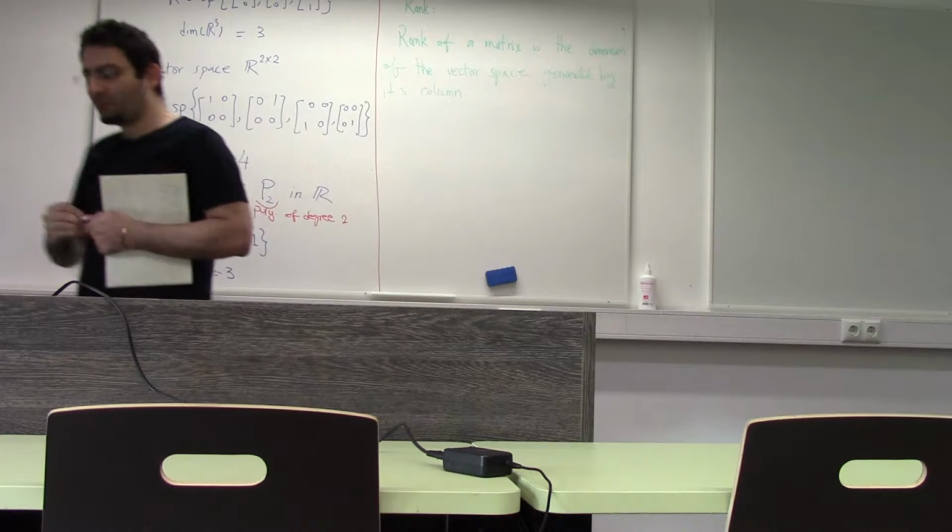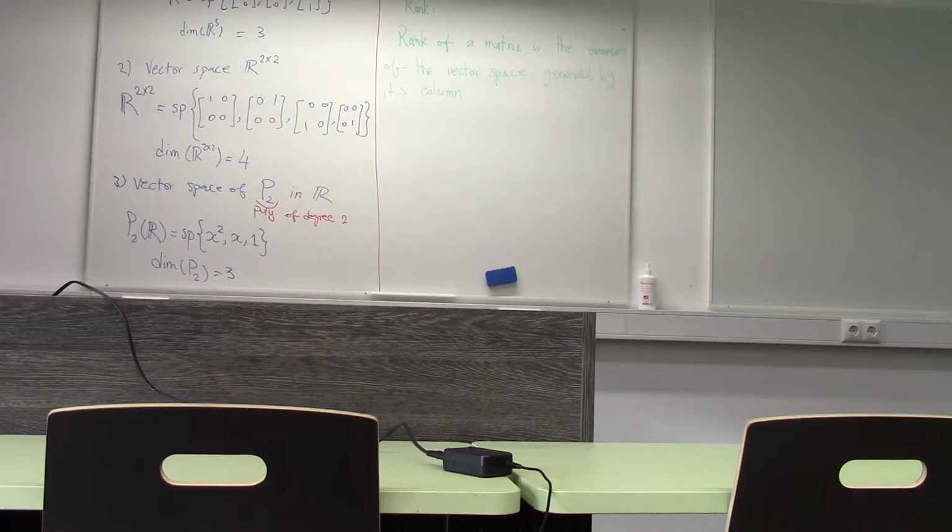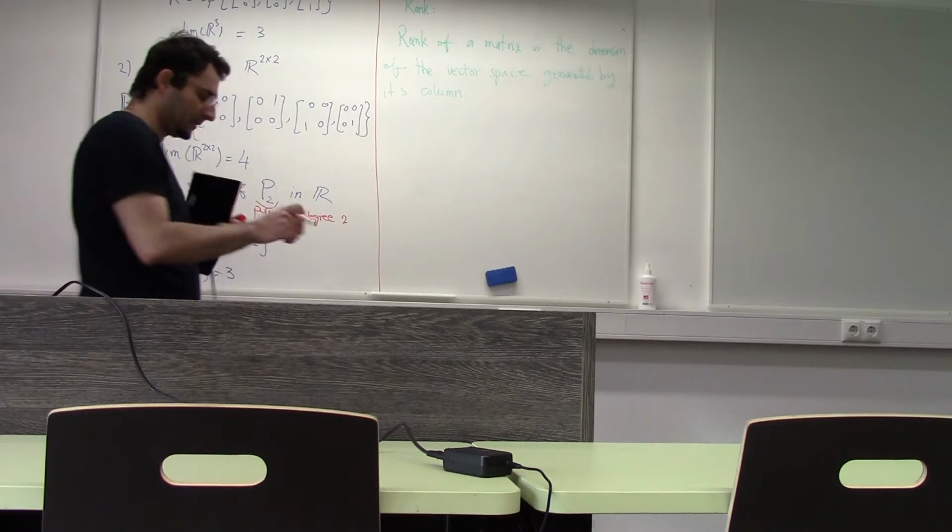So in other words, if I have a matrix, I put all its columns side by side and make a vector space. Then I find out how many bases I have. Then that dimension will tell me what is the rank of a matrix.